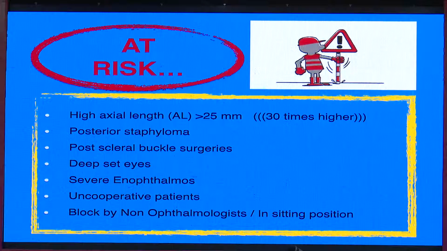Very commonly, blocks given by non-ophthalmologists, as in a camp setup with a huge number of cataract surgeries, can create perforations.